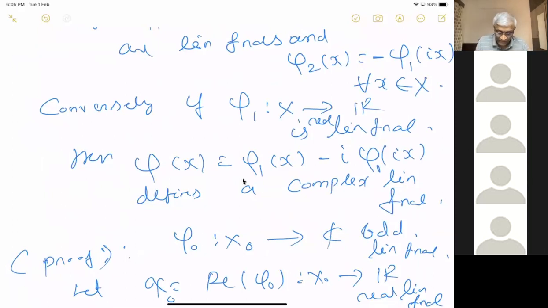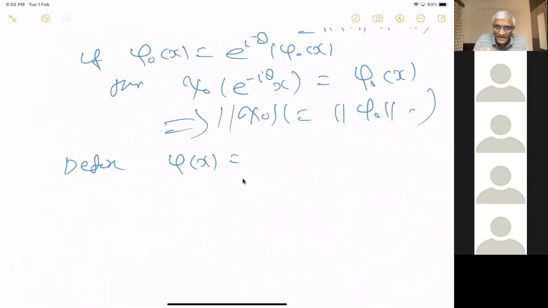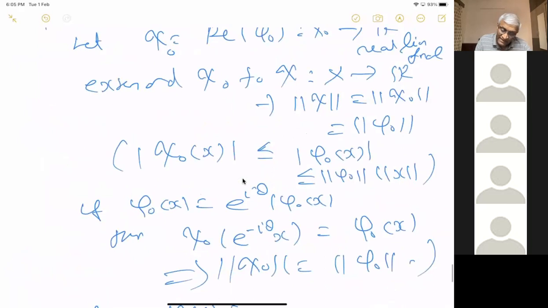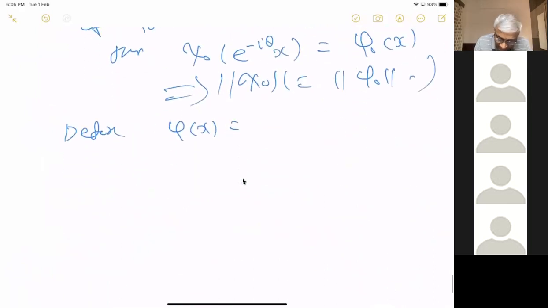So here also I'm doing the same thing. We had a complex linear functional defined on a subspace. We took the real part of that, which is a real linear functional, and we extended that real linear functional to the whole space. Now using that real linear functional, which I am calling chi here, I am defining a complex linear functional by the same prescription: phi of x equals chi of x minus I chi of ix.